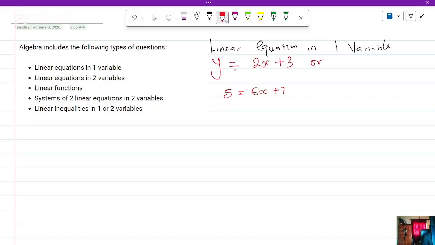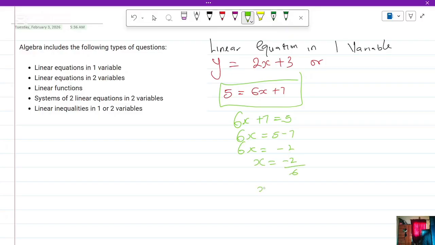But remember that this is SAT exam, so they're not going to be giving you something simple like this. Because for me to solve this, since I have it as 6x plus 7 equal to 5, then I can have it as 6x equal to 5 minus 7. So 6x is minus 2, x is minus 2 over 6, then your x is minus 1 over 3.